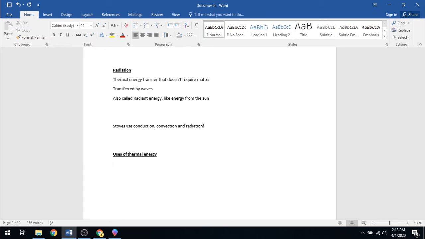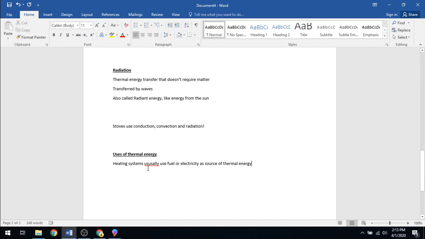If you were in a building and it wasn't super cold this winter, then that had some sort of heating system. Heating systems usually use some sort of fuel or electricity as the source of thermal energy.